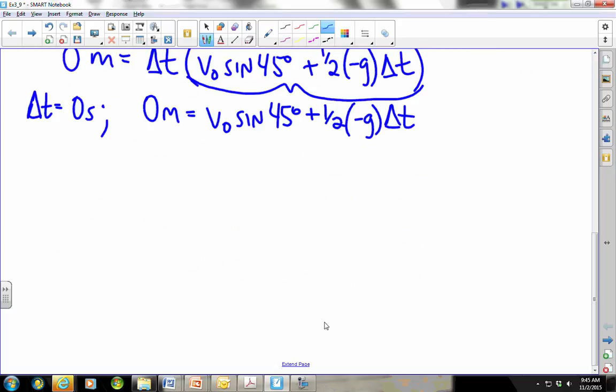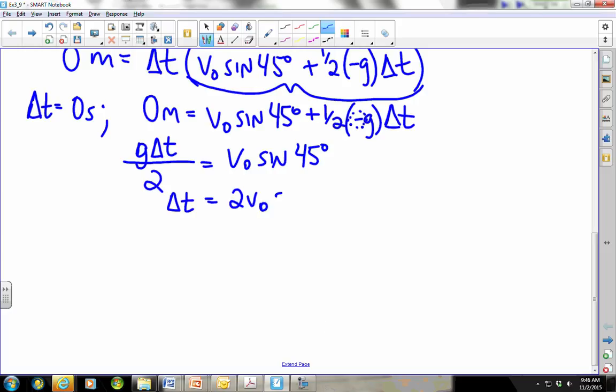I would add half g delta t to both sides, because this is negative. If I add that to both sides, then this becomes positive. This is just algebra. Then get t by itself, and you would have 2 v naught sine 45 over g.